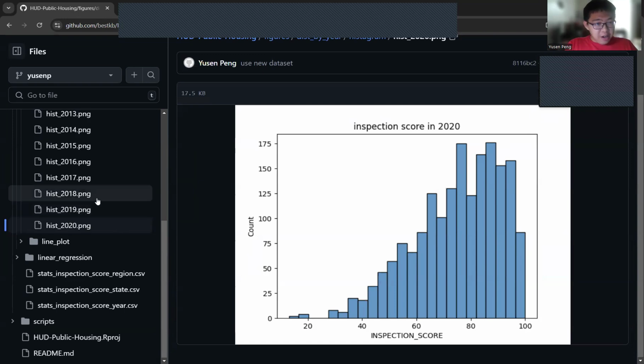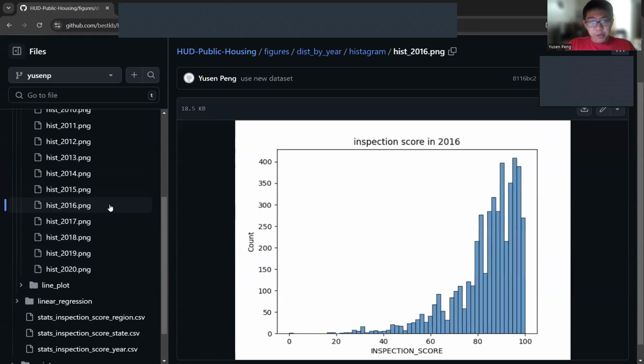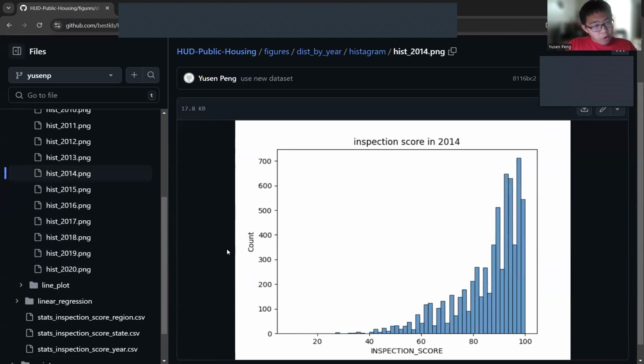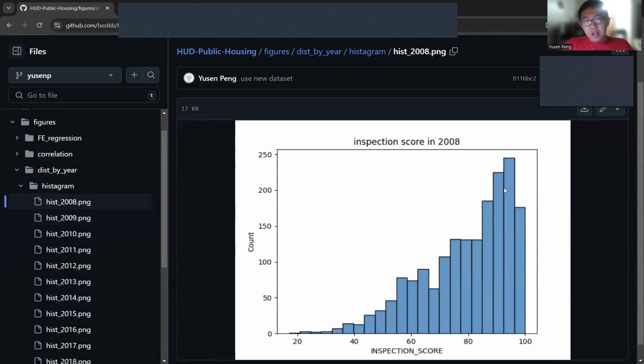If you choose a different year, like 2019, it's a different distribution. 2016, it's a different distribution. If we go back to 2008, it's a very basic visualization, but the idea is that within each year we know how the inspection score data is distributed.